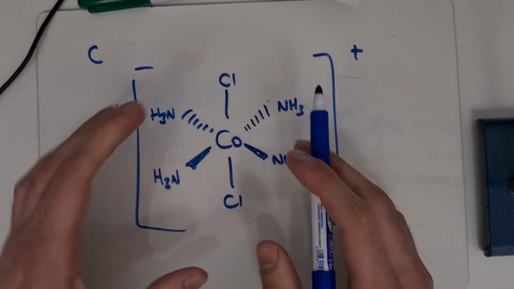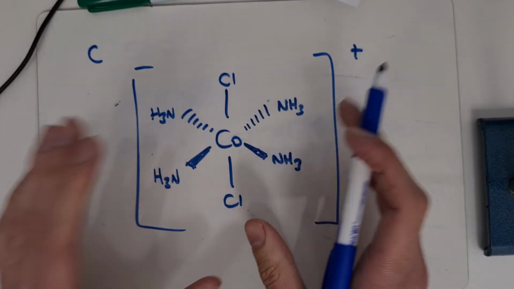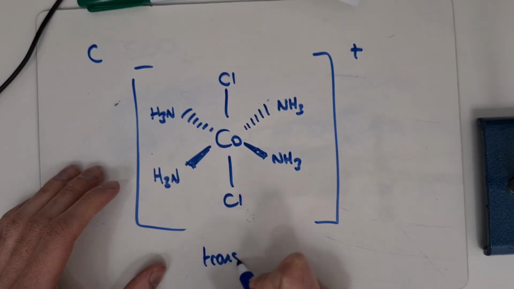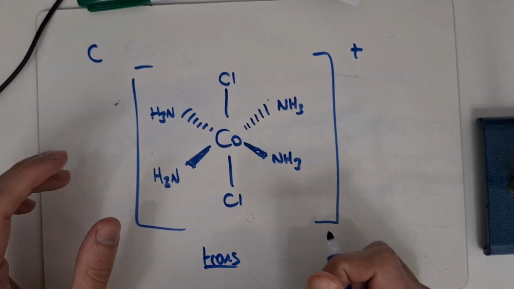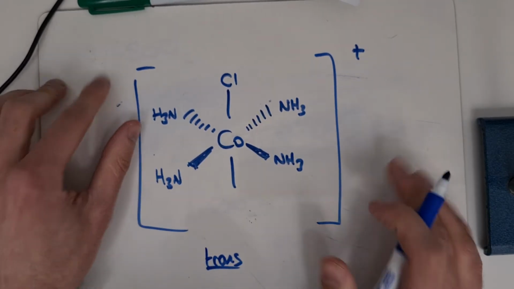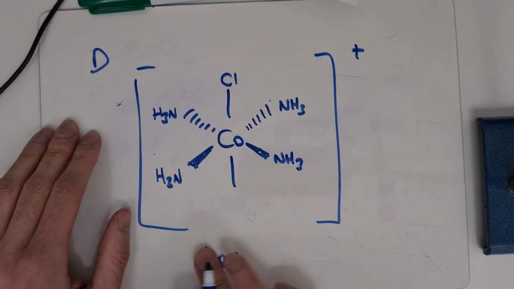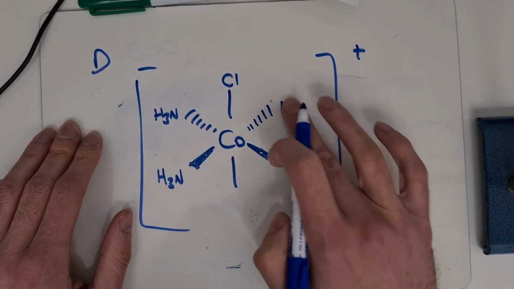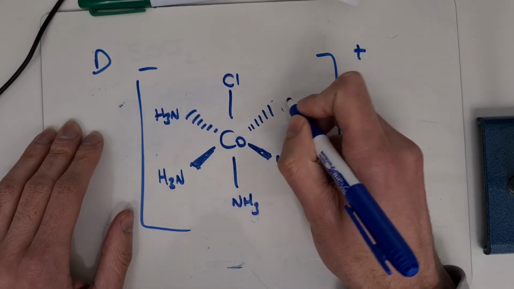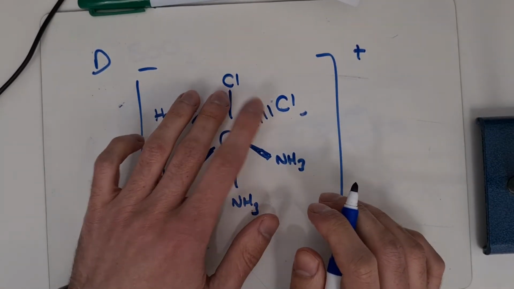So for C I'm putting the trans version, although you don't have to label this. This is the trans version of this particular isomer. And then D is going to be the cis version, where if I swap that ammonia around, this time the chloride is next to it.